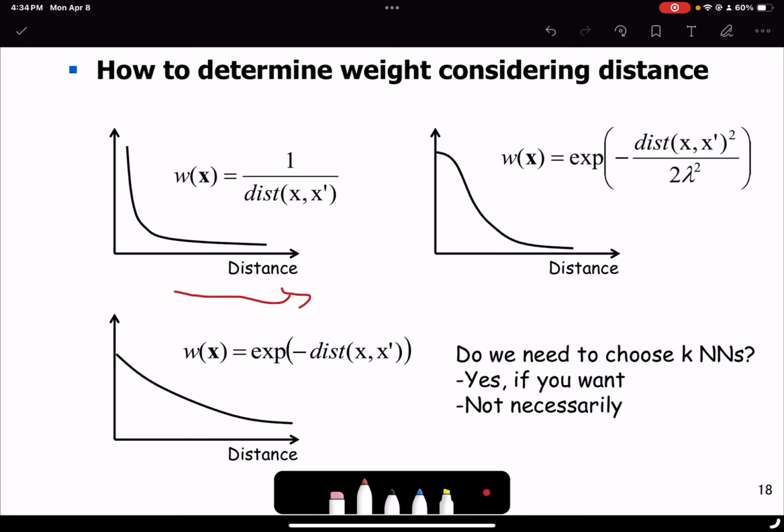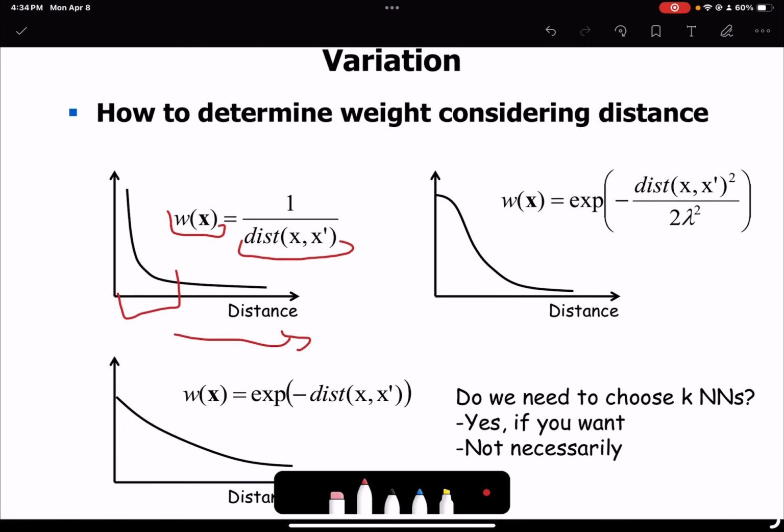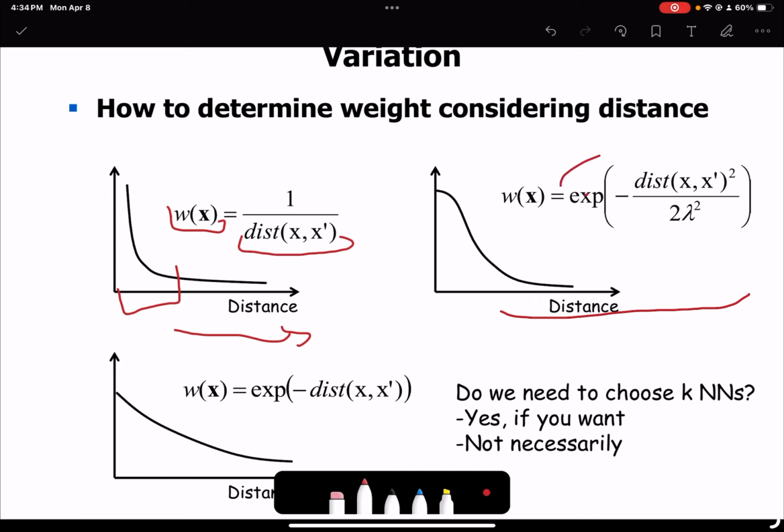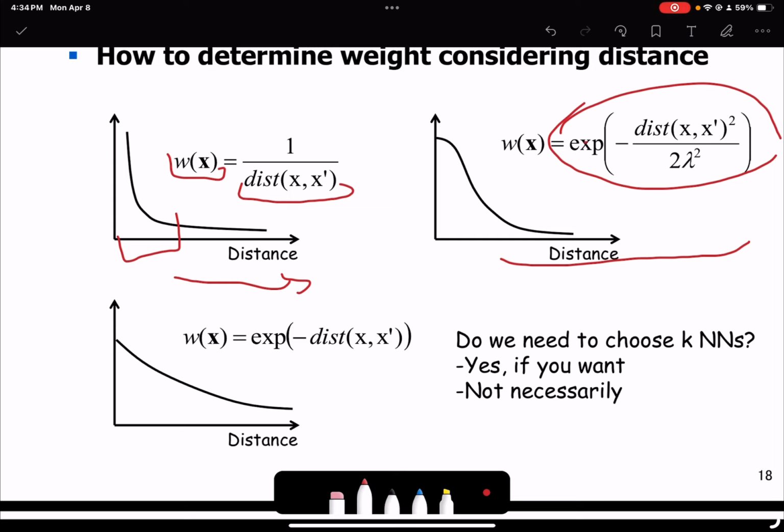In case of this distance measure, 1 over the distance between x and x bar, as the distance increases, the value decreases, so the data points that are closer will have a higher value. In the Gaussian type, we have another distance function that we have defined here, and then we have another form.